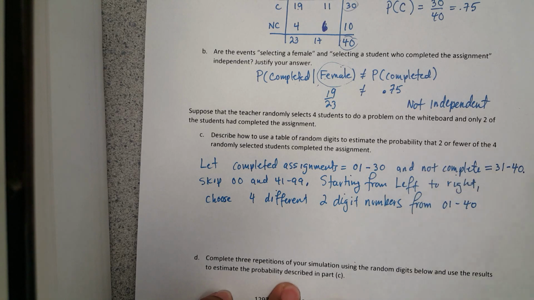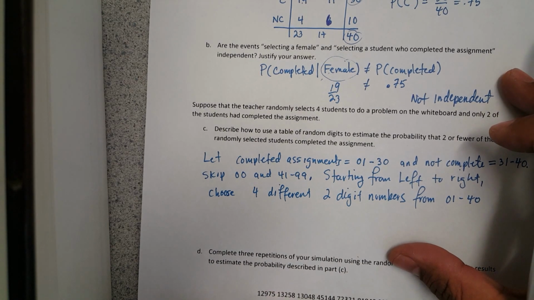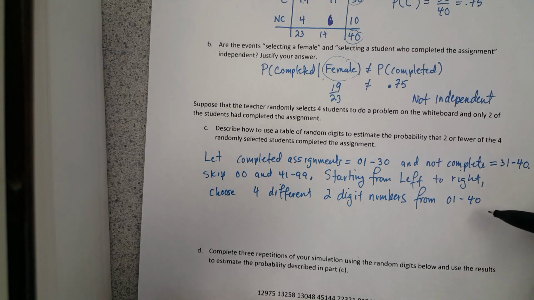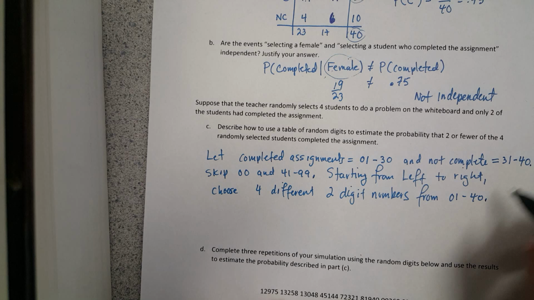And that's because that's what we chose, right? And then once we choose 4 different two-digit numbers, we're going to count.